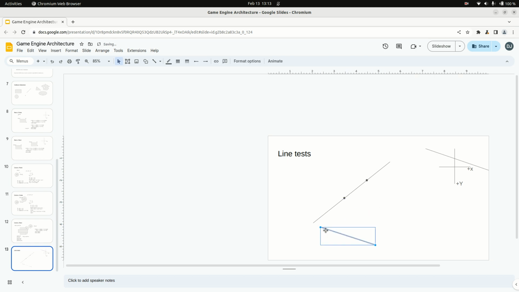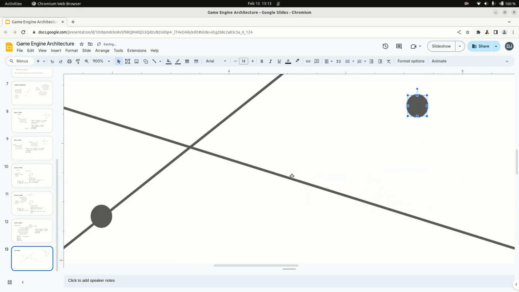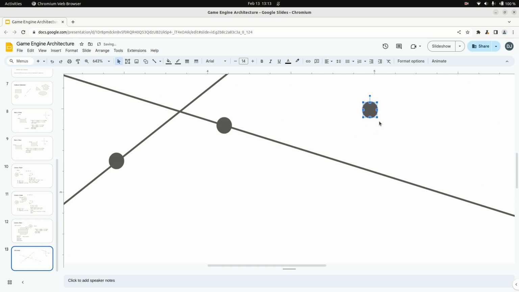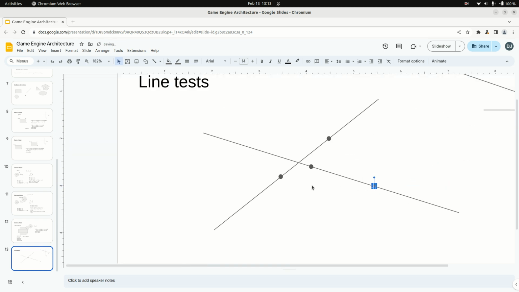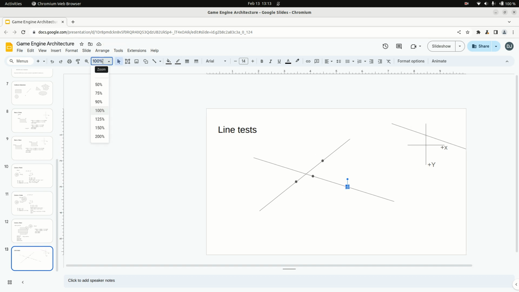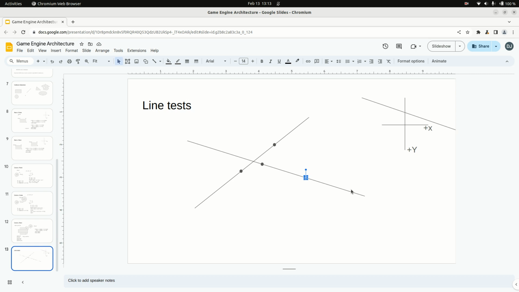So I've got some infinite line. Paste. So if I go back to 100%, or fit. All right.